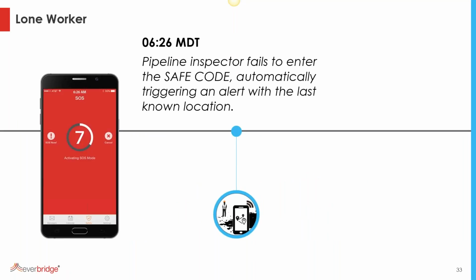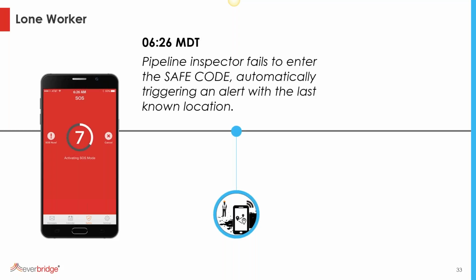Now, let's say that the pipeline inspector failed to enter the code. Either something bad happened to this pipeline inspector, or they just simply forgot. They left their phone in the truck, or they're busy working and they missed that interval. The good thing is that if they fail to enter the code for whatever reason, the application initiates an SOS call to the emergency response center, to the EOC, to the command center.